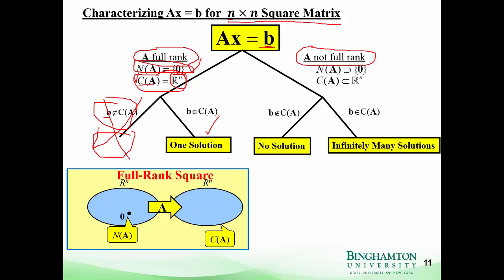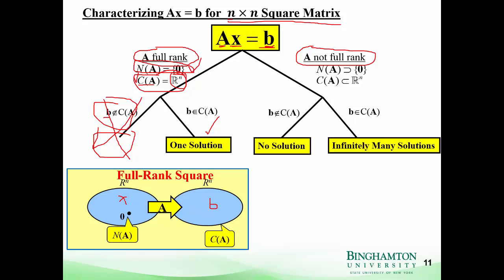And here's a nice picture that I like to think of. So when we have a square matrix, even though we're really thinking of knowing A and knowing B and finding X, I like to think about A mapping X into B. And so if I think about picking X over here, what B's can I get to?